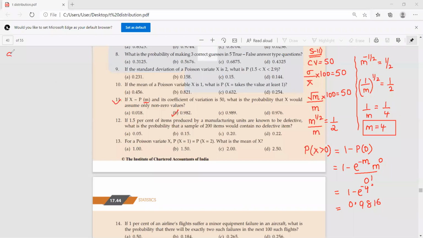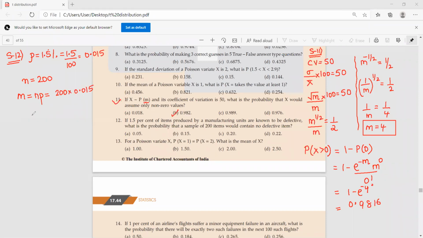So solution number 12. 1.5% of the product manufactured are defective. So P given to me is 1.5%, that is 1.5 by 100, that is going to turn out to be 0.015. Okay, we got P. And what sample size is mentioned? 200 items, N is given as 200. So m will be equal to N into P, that is 200 into 0.015, correct.